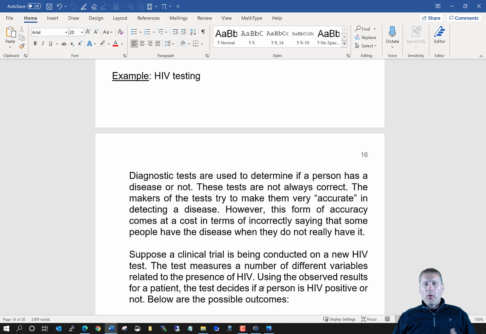Unfortunately, with infectious disease testing, most diagnostic tests are not 100% accurate. If you've ever heard of an expression like a false negative or a false positive, well, that's what happens with infectious disease testing. What we hope is that those probabilities of having a false negative or false positive are small.